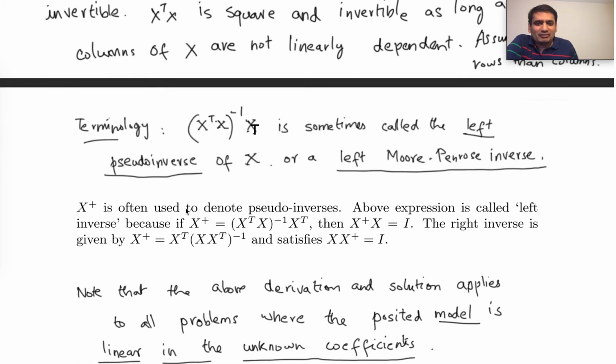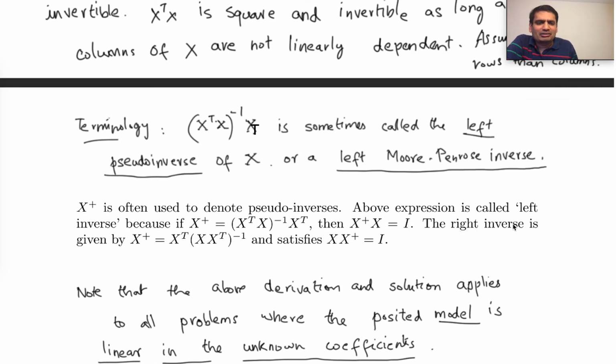It's called the left inverse because if you take this quantity, actually this T needs to be up here, seems to have moved around a little bit. But in any case, if you take this matrix and then multiply it by x, where x is on the right side, you get identity. That's why it's called the left pseudo-inverse, right? So because if you multiply this thing on the left side to x, you get identity.